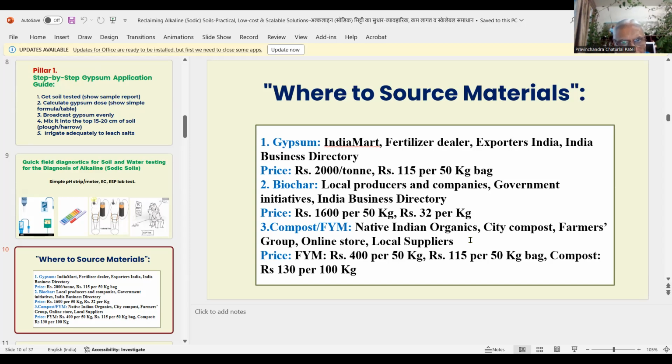Also, you can obtain the farmyard manure from the Gaushala. Then the price, farmyard manure ₹400 per 50 kg, ₹115 for 50 kg, and compost ₹130 per 100 kg. So it depends upon the quality of the manure and compost the company is charging.